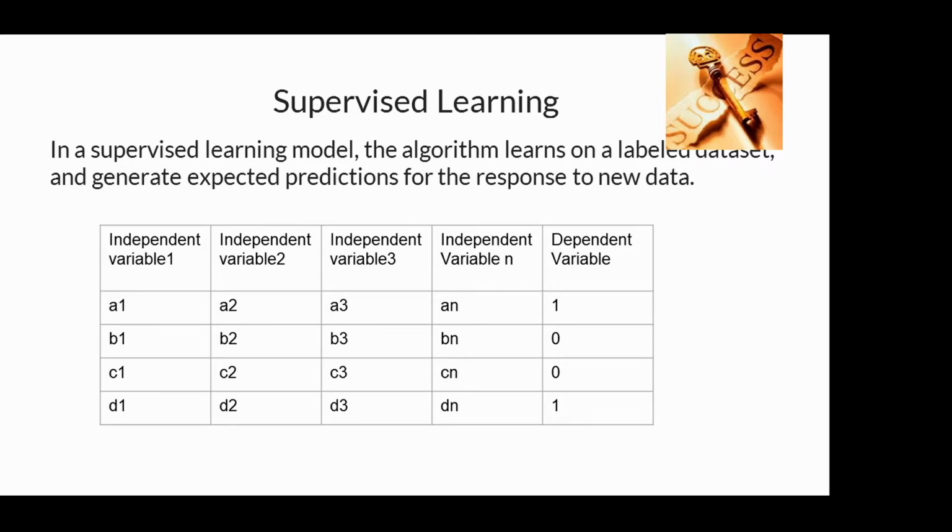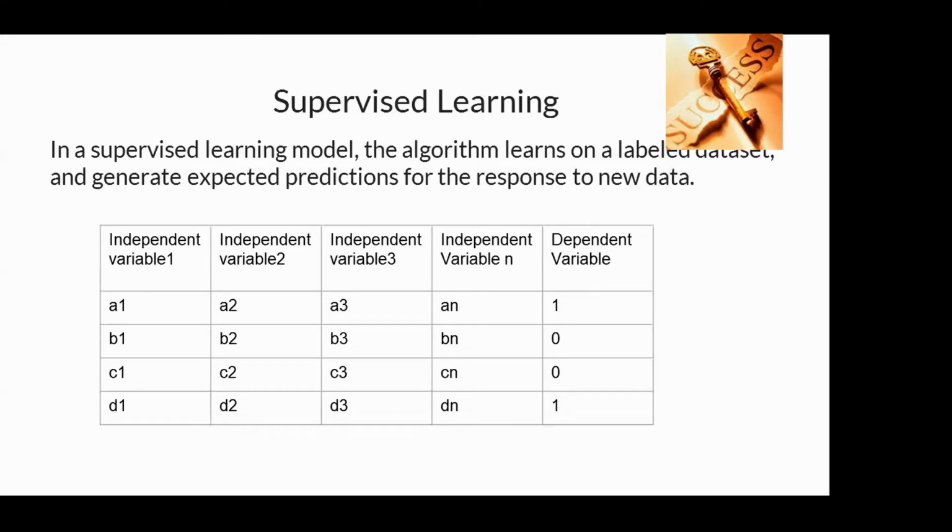Meaning class 0. If there are only two dependent values, 0 and 1, then it is a binary classification problem, where the classification is made on behalf of 0 or 1, meaning the data belongs to class 0 or class 1. So there are only two values, 0 and 1.